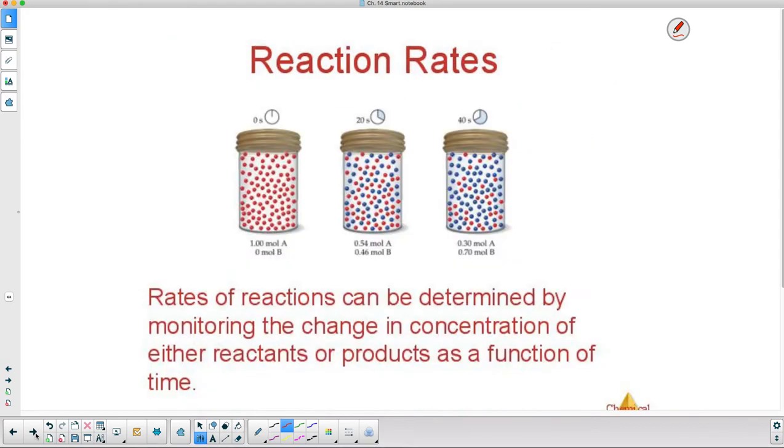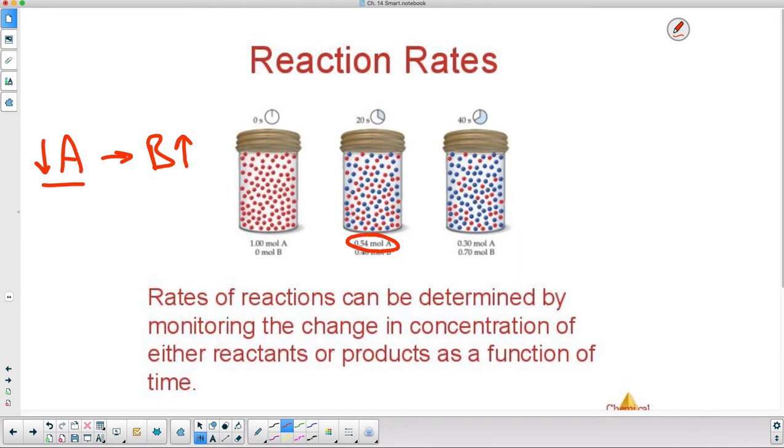As we continue on with reaction rates, the rate of a reaction can be determined by monitoring the change in concentration. If we have a simple reaction of A turning into B, you will notice that A decreases over time and B increases over time. If we are checking the concentration of A over time, you will see what happens to A. It decreases.